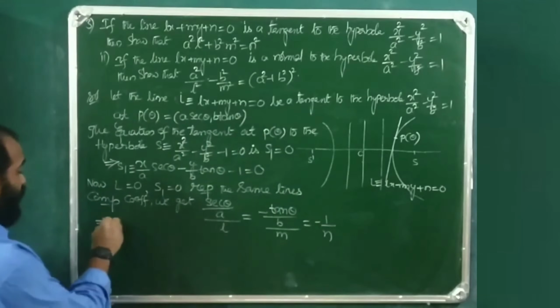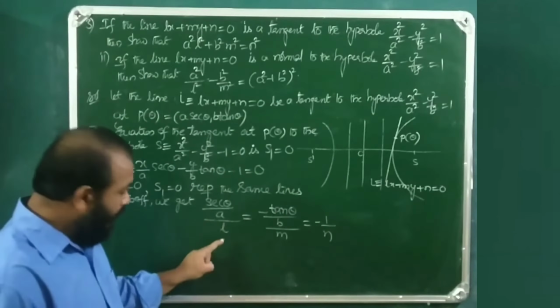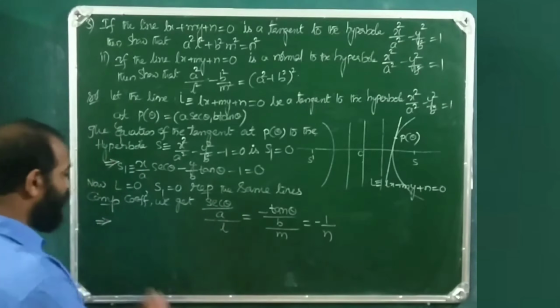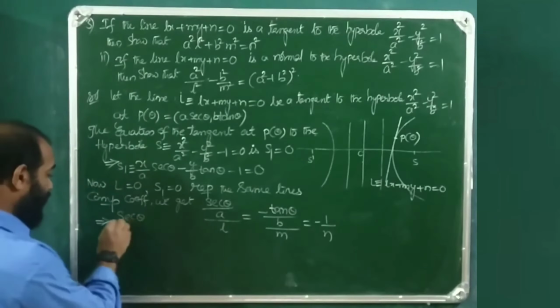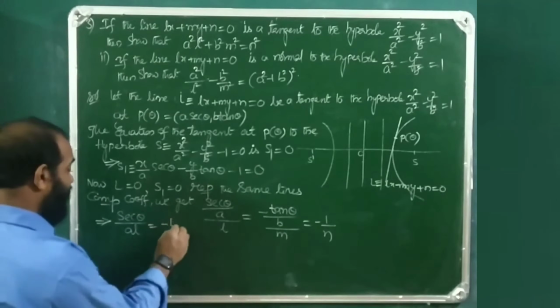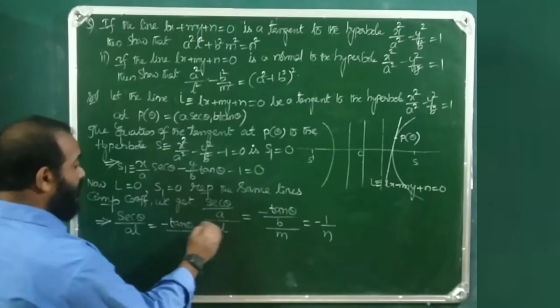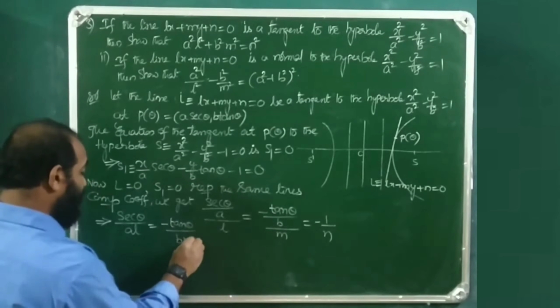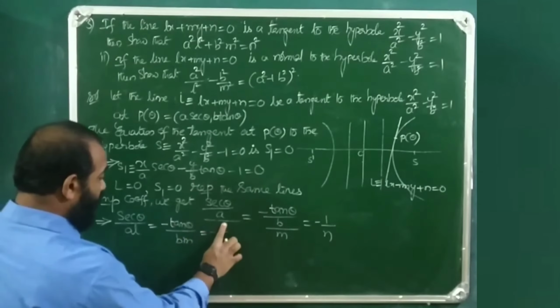So secant theta by aL is equal to minus tan theta by bm is equal to minus 1 by n.